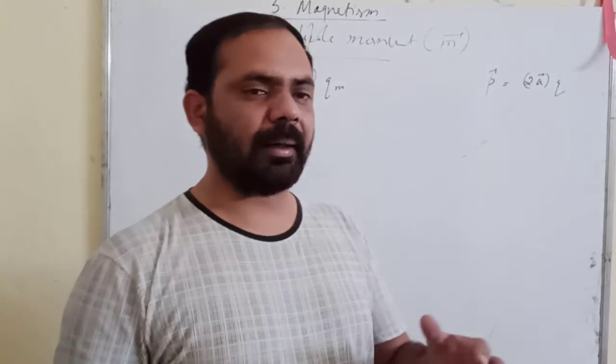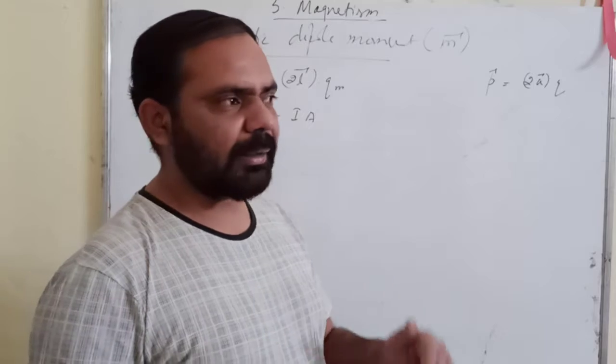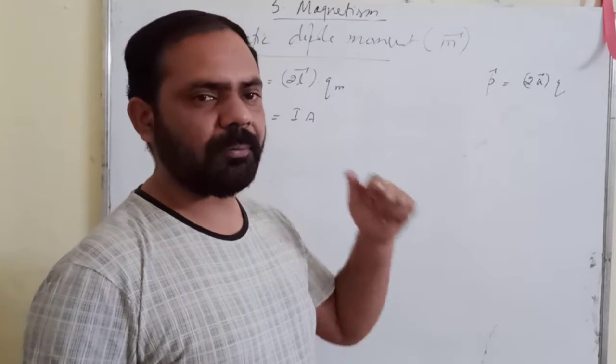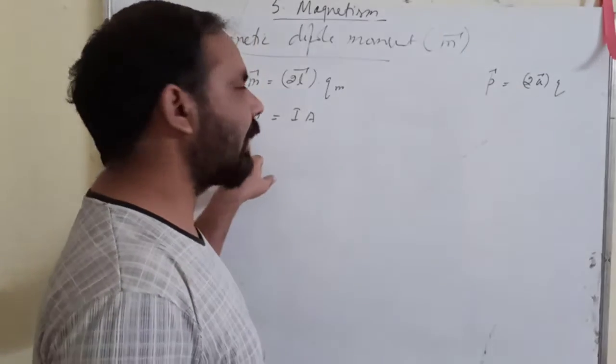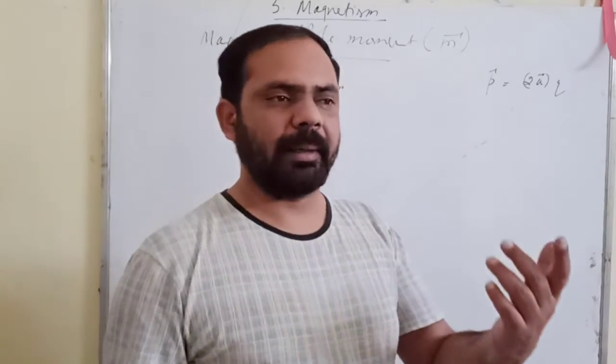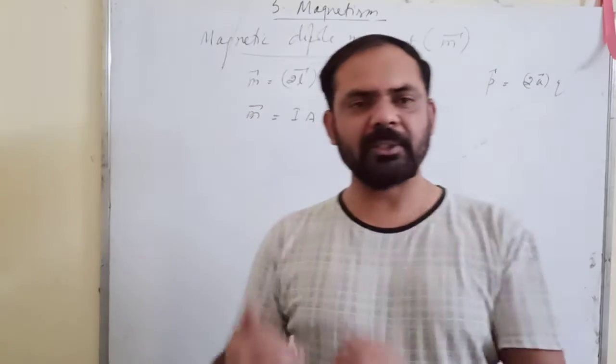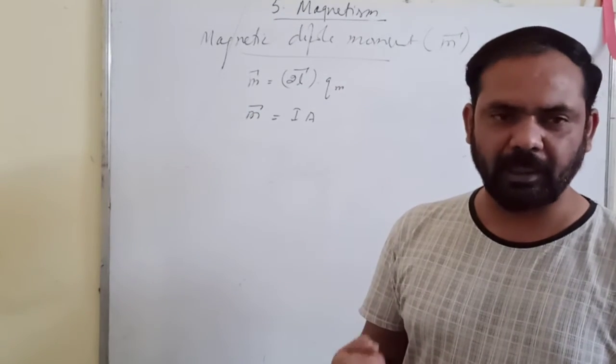But what we said earlier in chapter number 3 and chapter number 4 is that current is the source of magnetic field. So if a body is behaving like a magnet, then it must have a magnetic dipole moment.